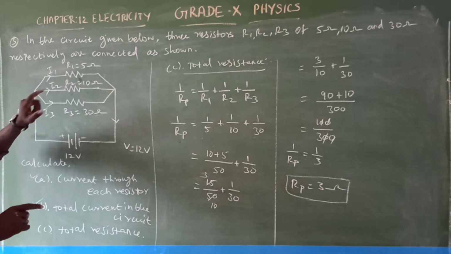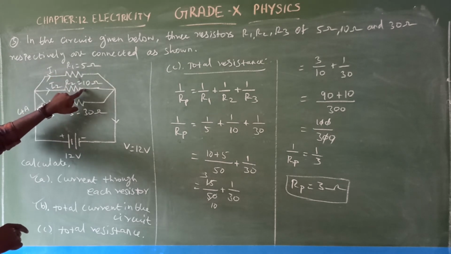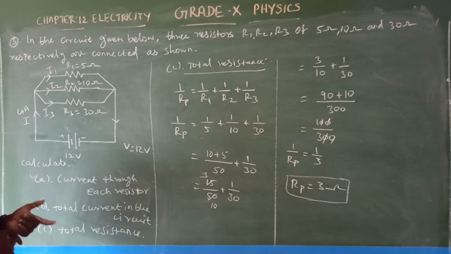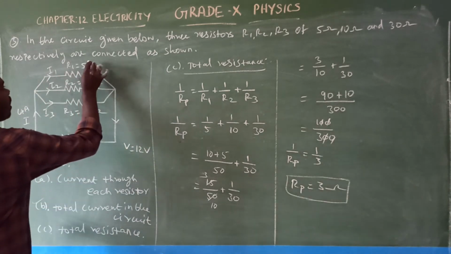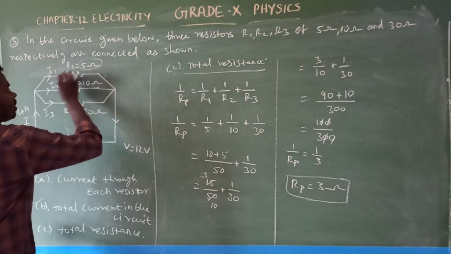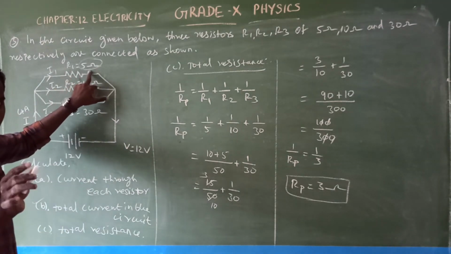Look here, 3 resistors are there: R1, R2, R3. R1 value is 5 ohm, R2 value is 10 ohm, R3 value is 30 ohm. Which is the least resistance? That is R1, that is 5 ohm, isn't it?